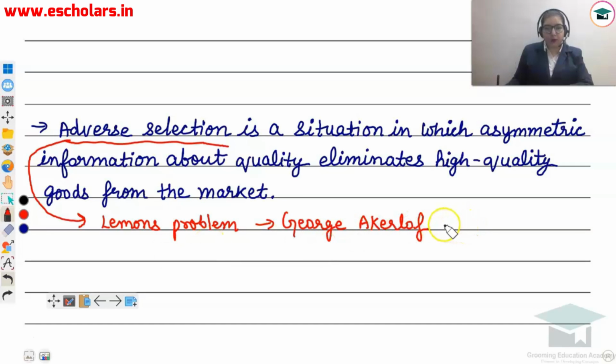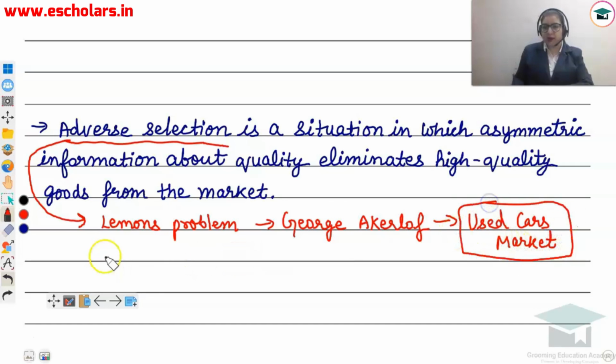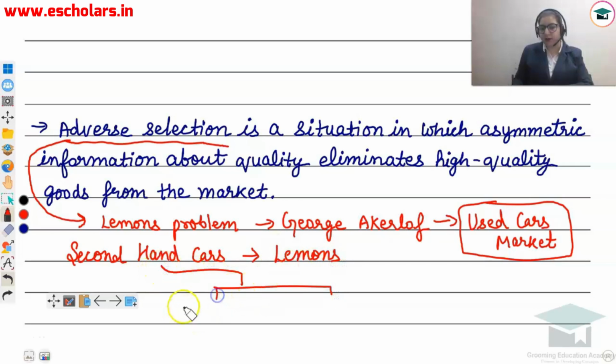This problem is in connection with the used cars market, or second-hand cars market. Here, second-hand cars are called lemons, and the second-hand cars can be of low quality and high quality.